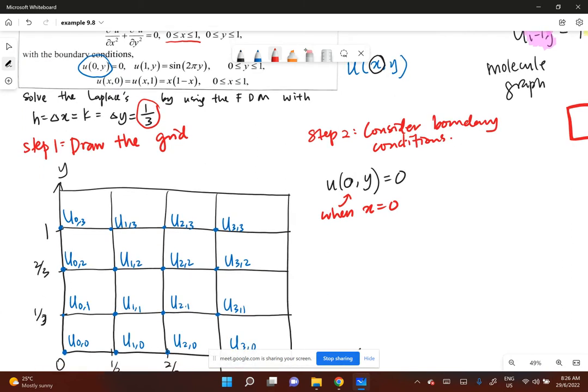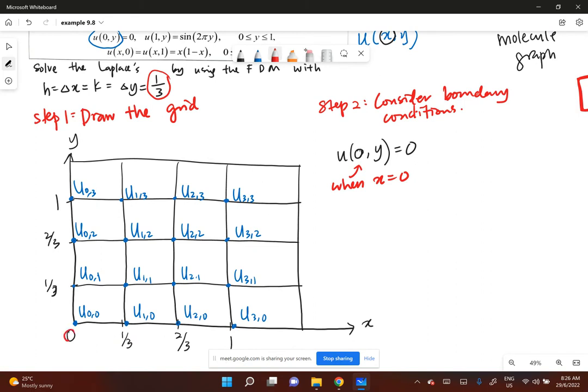When x is 0, that means this point, this point, this point, this point. So this one will be all 0. This is the first boundary condition, so the values here are 0, 0, 0, 0.